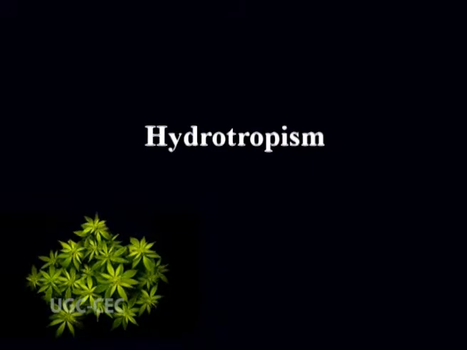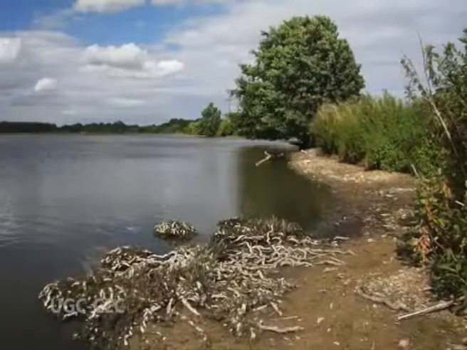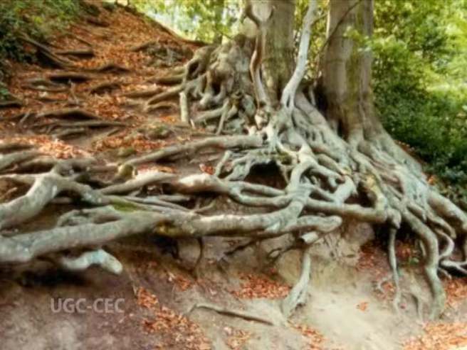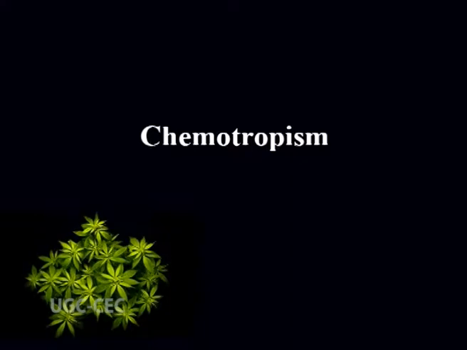Hydrotropism. Growth movement in response to a unilateral stimulus of water is known as hydrotropism. Roots are positively hydrotropic and always grow in the direction of the water source. Chemotropism.